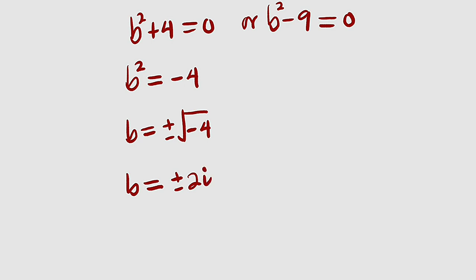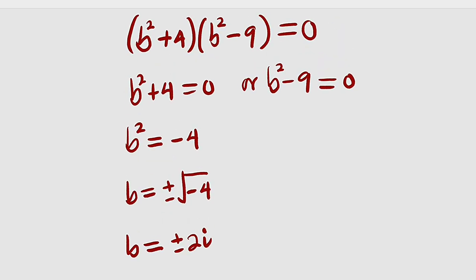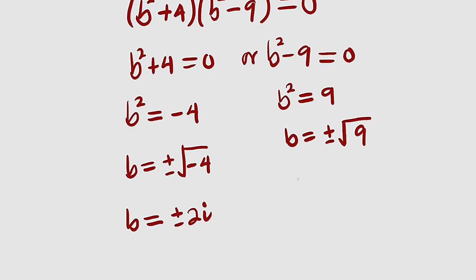Then what about the other one? The other one, we have b squared to be equal to 9 if -9 crosses over. b is equal to plus or minus the square root of 9. Square root of 9 is 3, so b is equal to plus or minus 3. So here are the values of b. We have 4 of them.